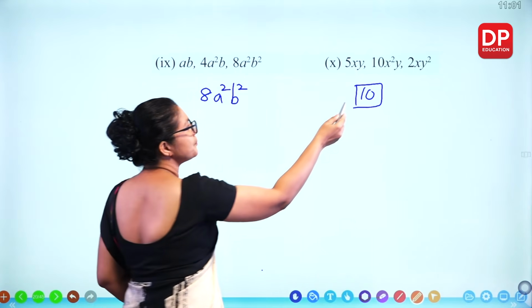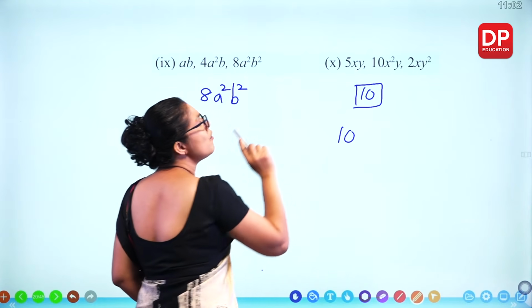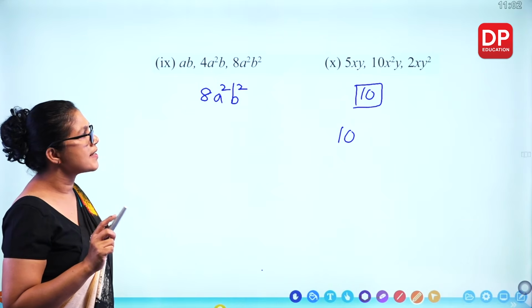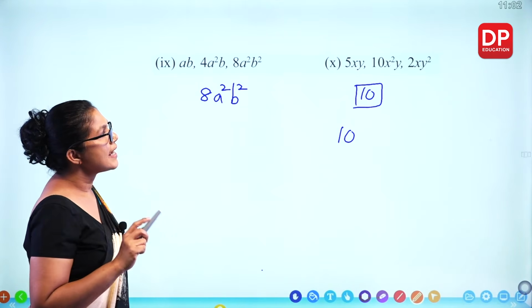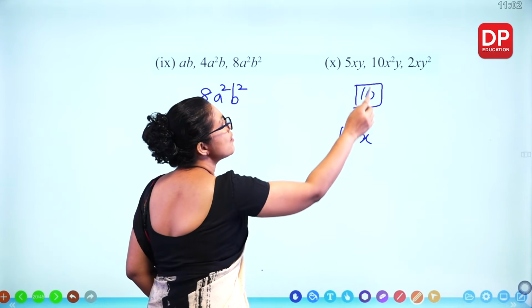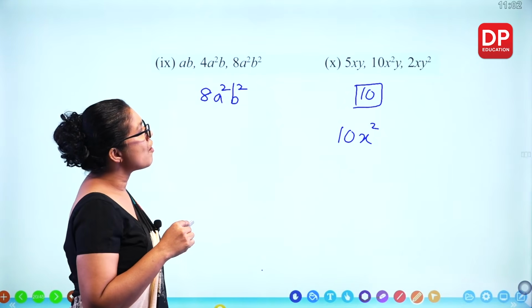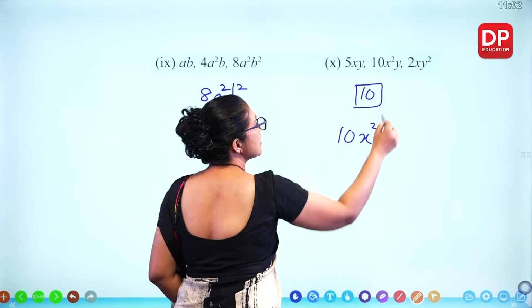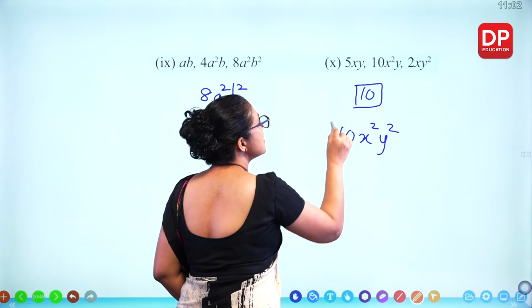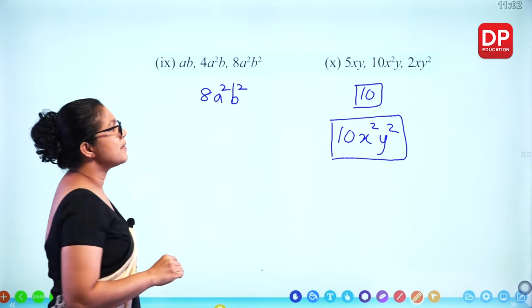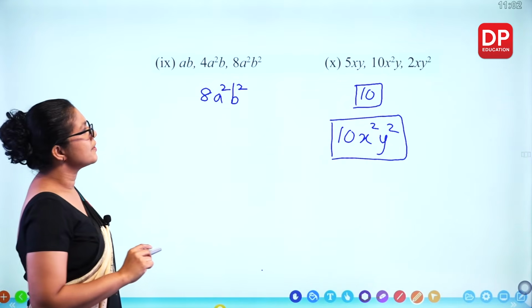So here, we'll write 10. Now you have to look at the highest power of x and y. What's the highest power of x? You get power 2. What's the highest power of y? You get y squared. So this is the least common multiple of this expression.